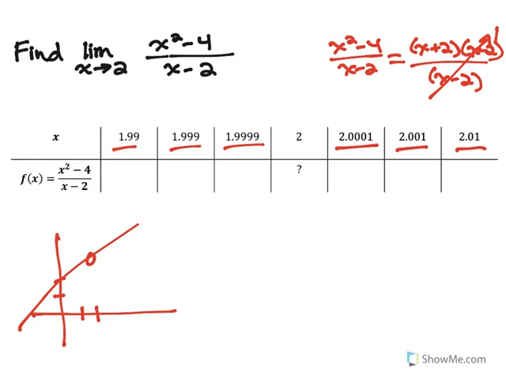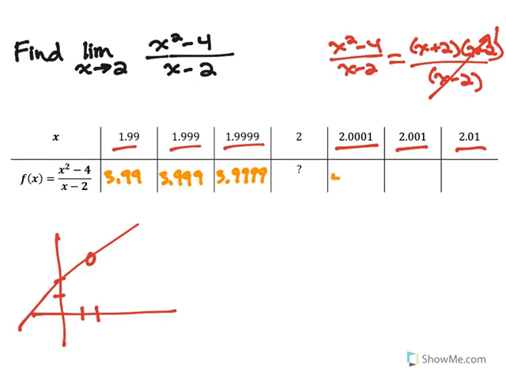Now, your graphing calculator will do this work for you, okay? So let's look at that. Okay, so using the calculator, we got values of 3.99, 3.999, 3.9999.